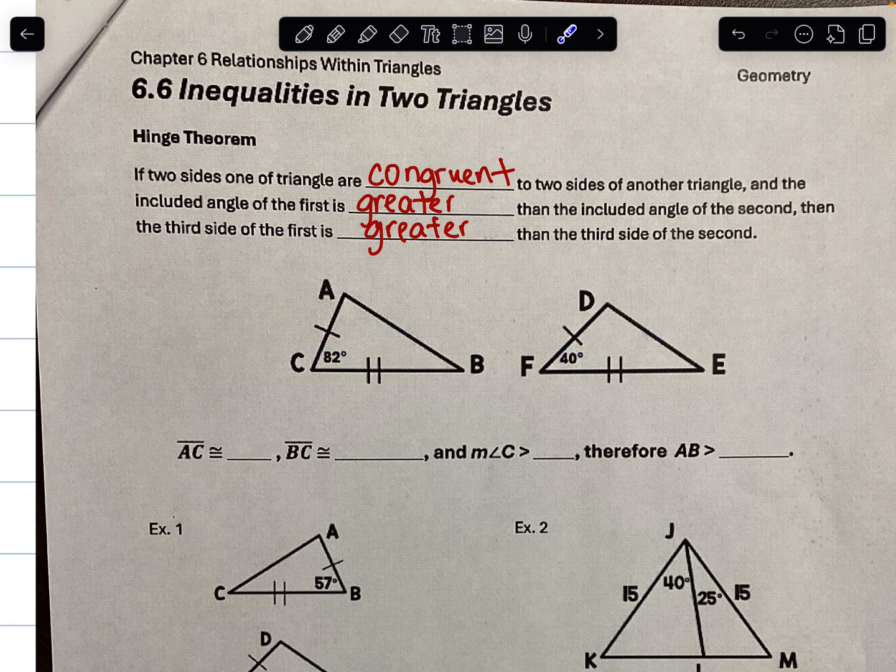Make sense? Whatever has the bigger angle has to have the bigger side.